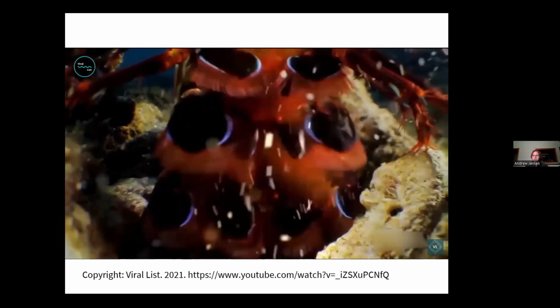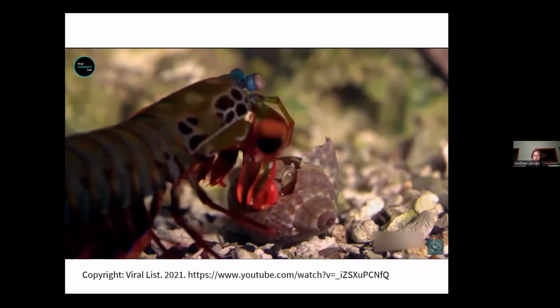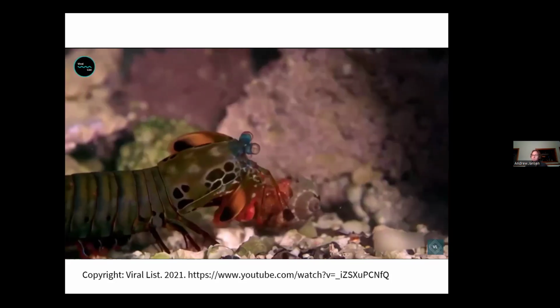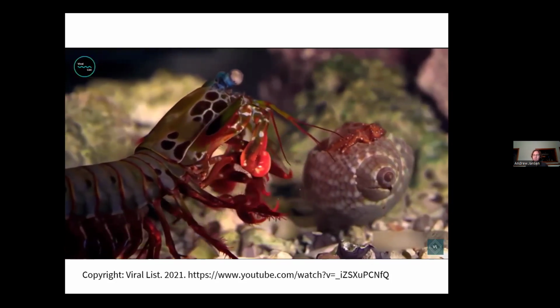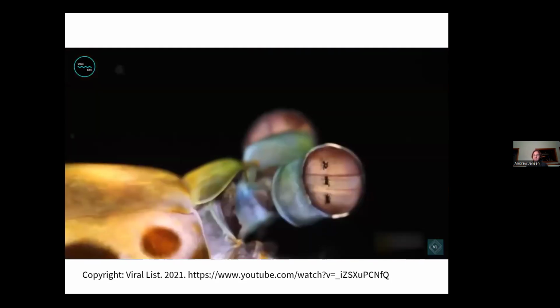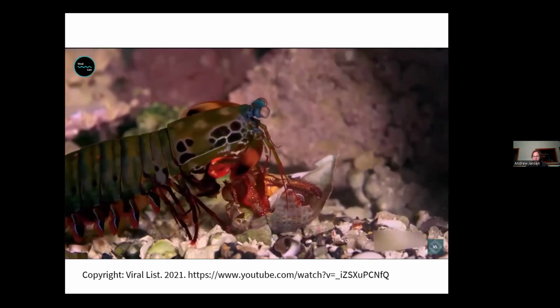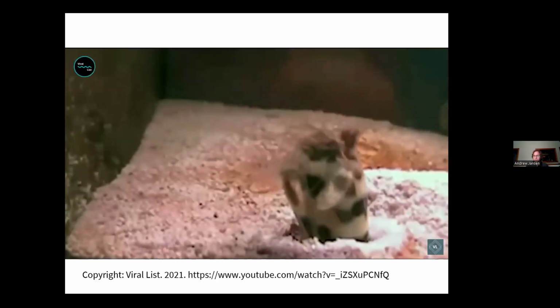So these are predatory animals, and they have these dactyl clubs, and they absolutely just nail things with them at very high speed. And the question, of course, from an engineering perspective is how are these structures able to resist cracking when you have something like this club impacting a calcium carbonate composite, in this case a snail shell, and it's able to break the snail shell without itself being broken.